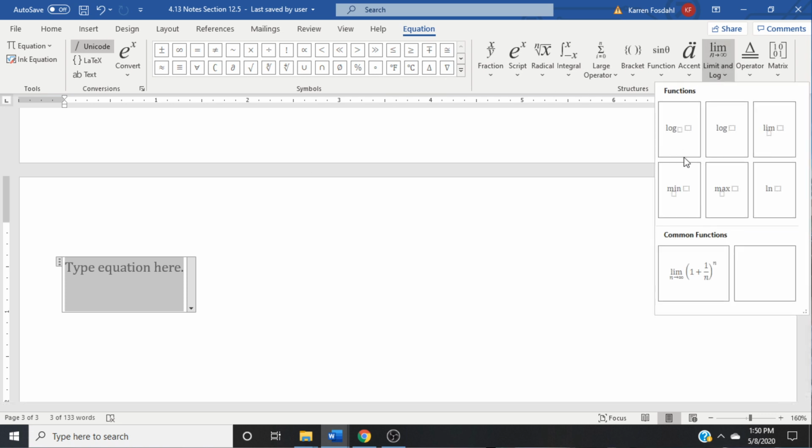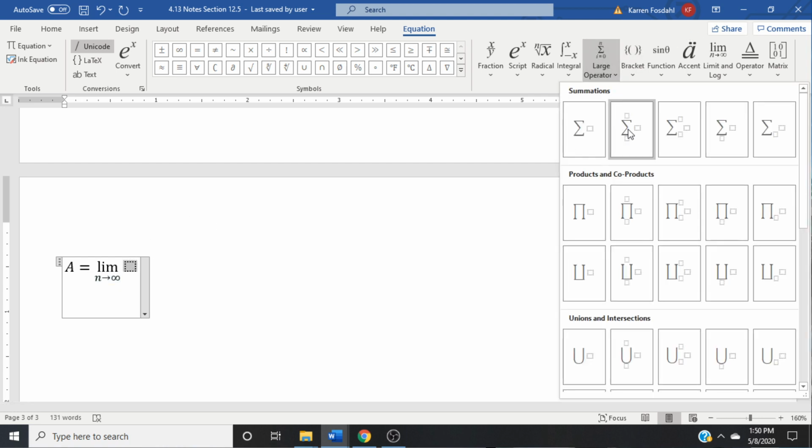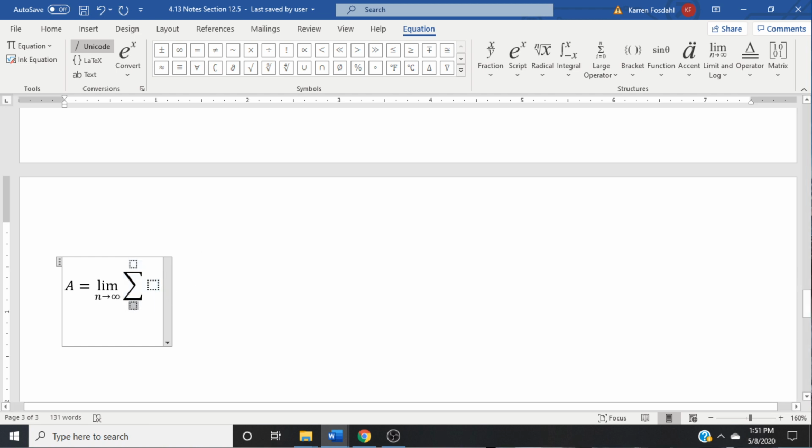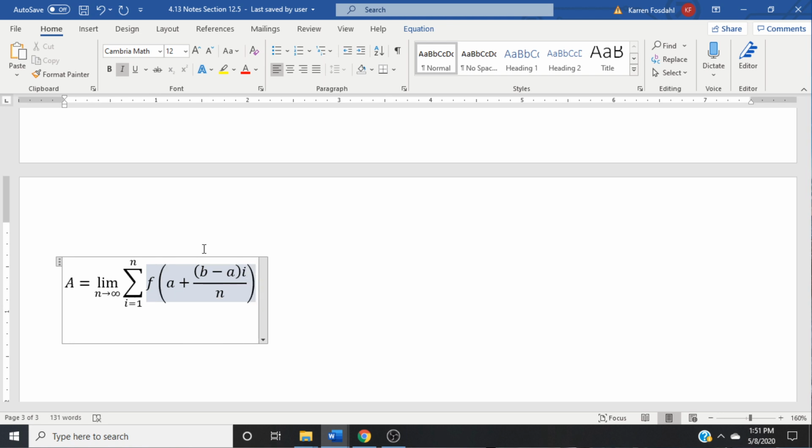Okay, we're going to go to the limit. So our area A is going to equal the limit as n approaches infinity of the sum from i equals 1 until n of f of a plus b minus a times i over n, times b minus a over n.